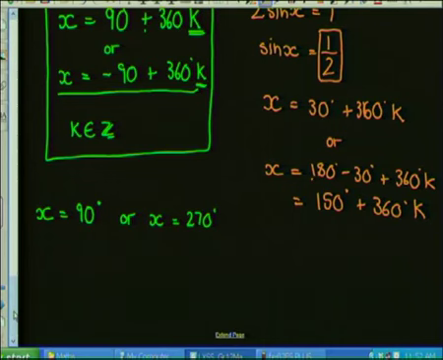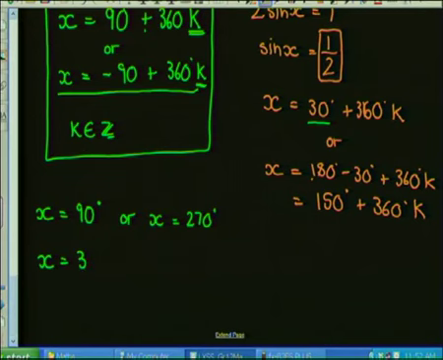Do you see that? We now need to consider the other equation, and let's look at the values that we had over here. We now know that looking back, we got our 30 degrees. So if we substitute 0 into K here, we're going to get 0 plus 30 degrees. And 30 degrees lies in the interval that was given.